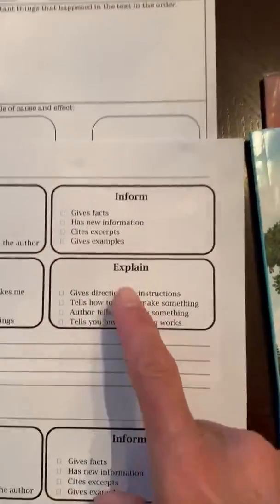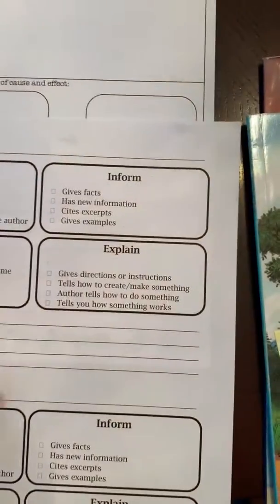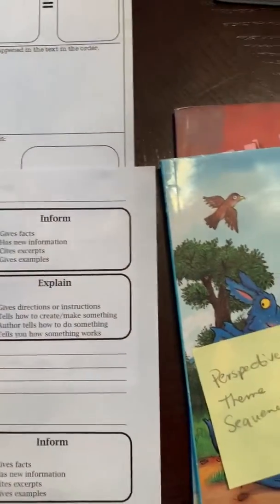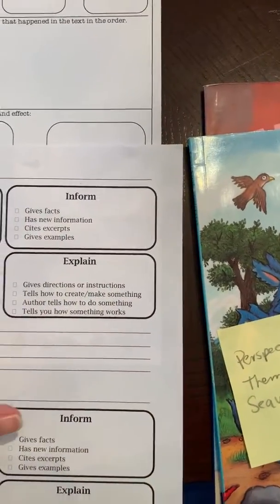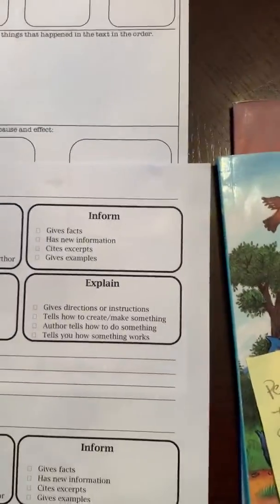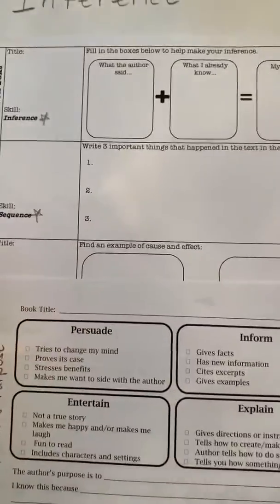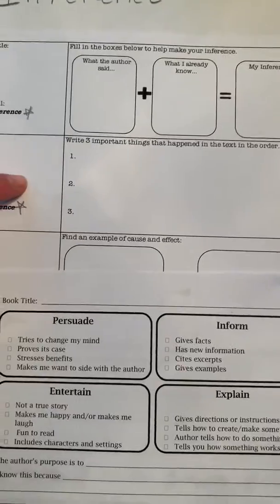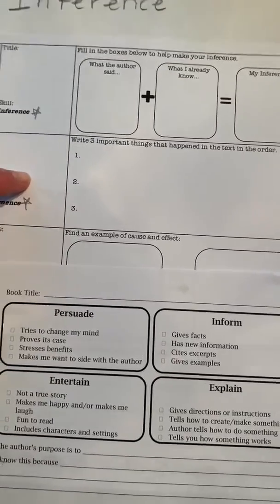And then there's explain, which would go back to the sequencing, and it would give you, in order, an explanation of how to do something.